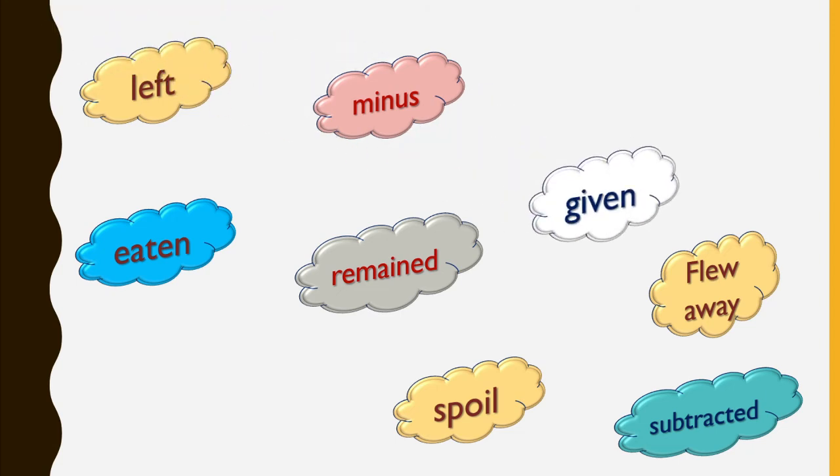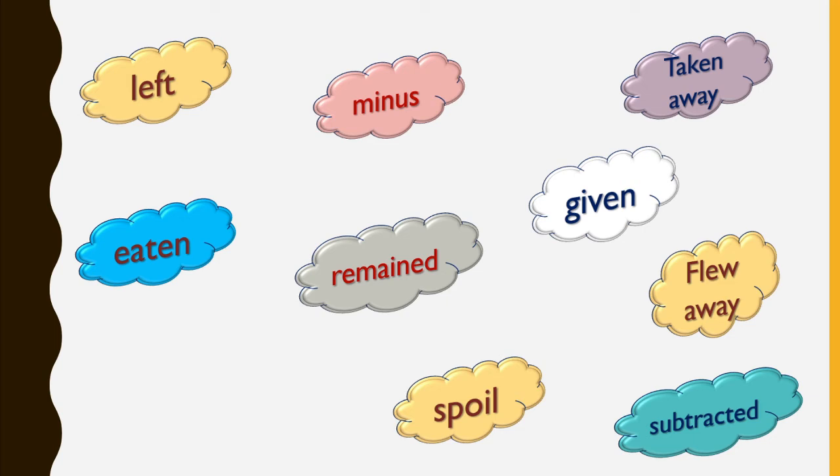Given. See here, I had 10 rupees. I have given 5 rupees to my friend. We have given means again subtraction, because now you have only 5 rupees. Isn't it? 10 minus 5 we did. Correct? Next, taken away.